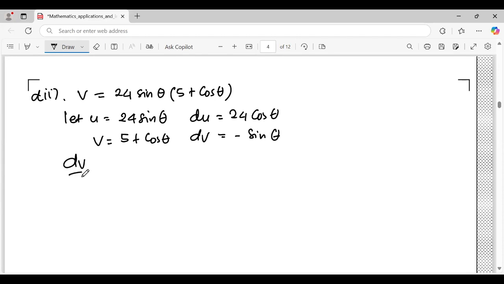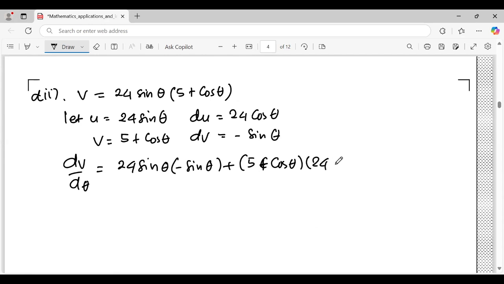So dV d theta is 24 sine theta multiply minus sine theta plus 5 plus cosine theta multiply 24 cosine theta.